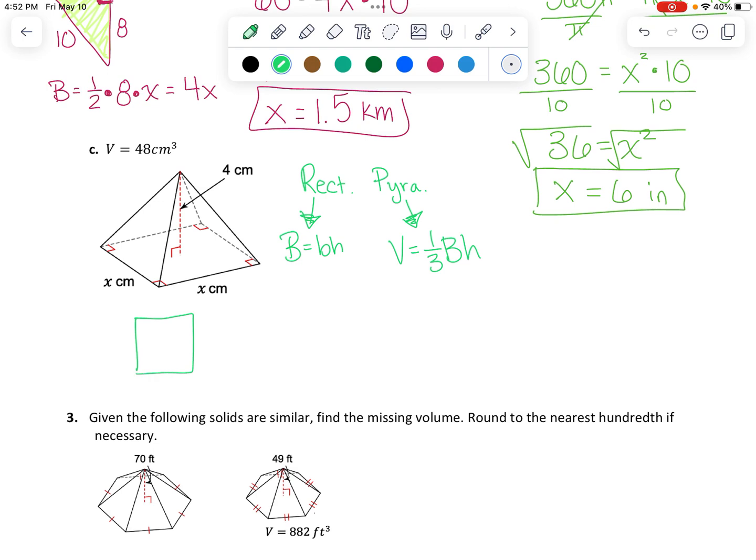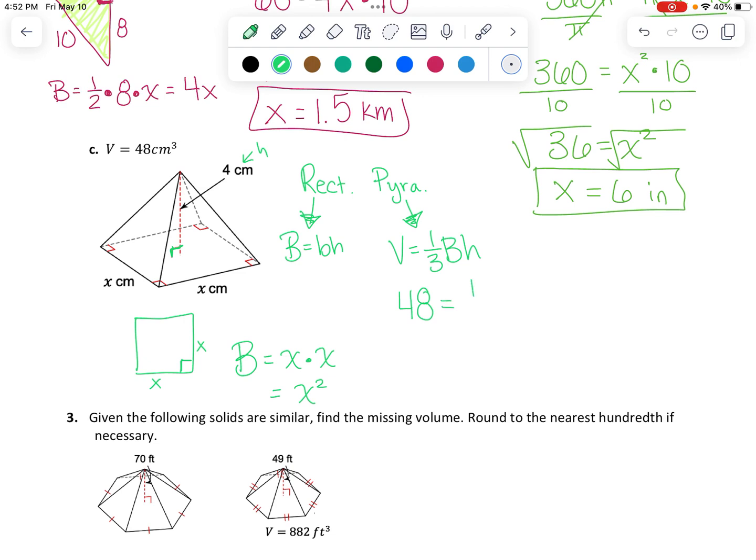Okay, I focus in on the base first. Base is this square, actually, because that's x and that's x. Which means base area, well, their perpendicular is x times x. My base area at best is x squared. My height, which has to be perpendicular, is 4.